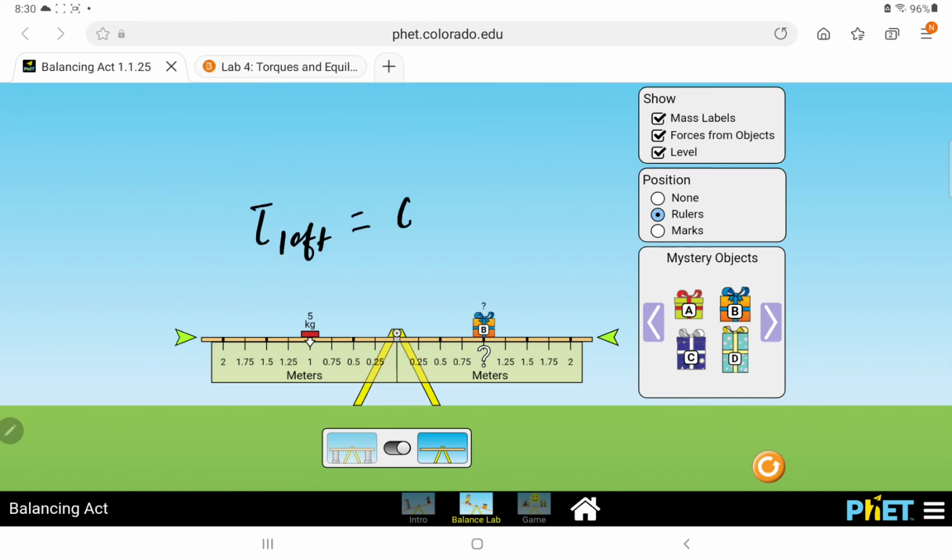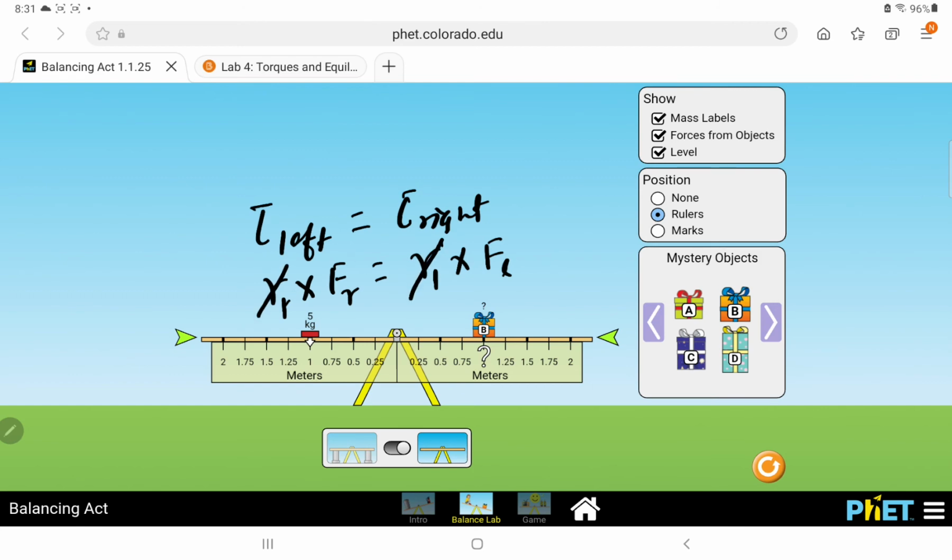equal to tau right. What is tau right? Distance right into force. This is right, this is left. So distances are equal. We put here 1 meter and here is 1 meter.